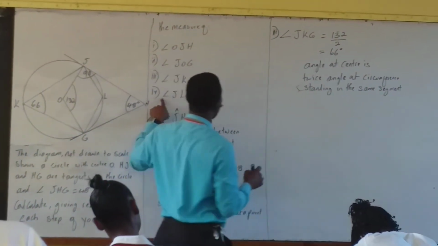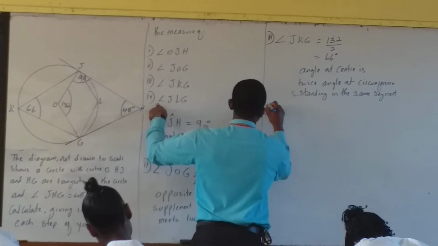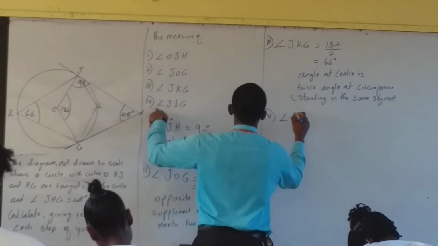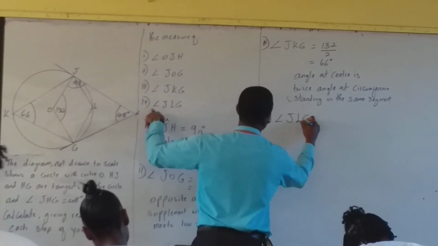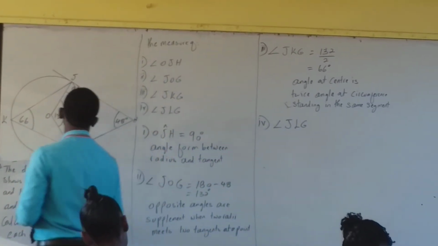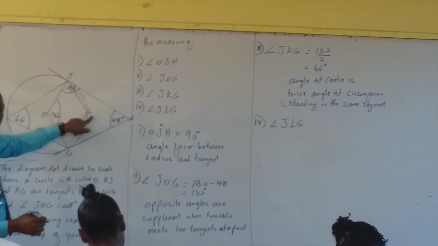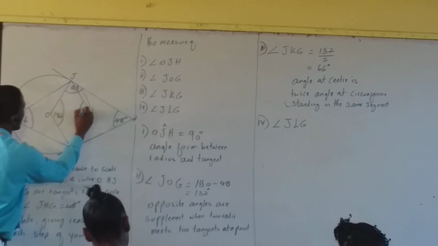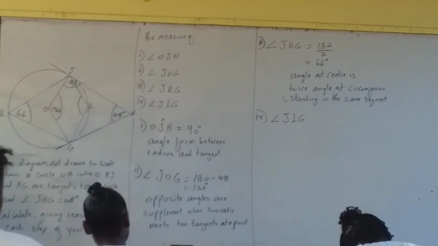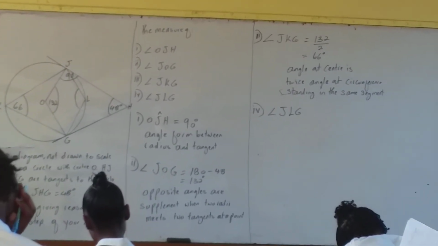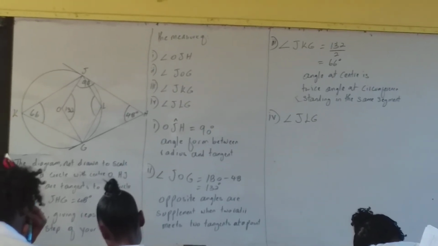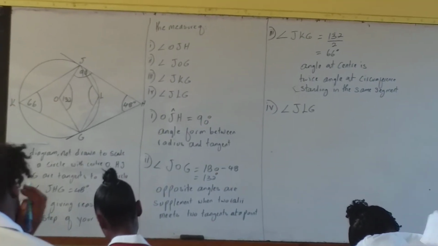Our final angle is now angle JLG. So the angle that goes from J to L to G, which is right here. How do we now find that angle? It's at the circumference, but is it standing on the same arc?